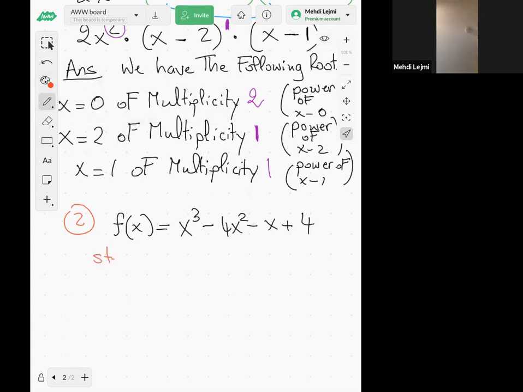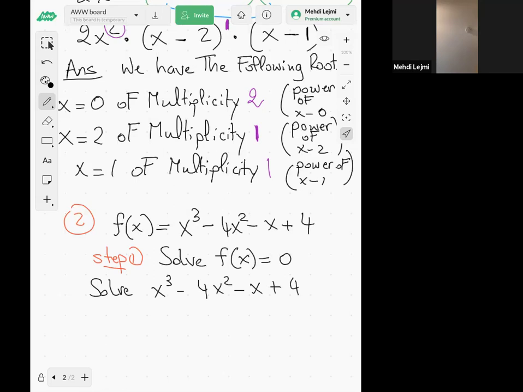I want to find the roots, so solve f of x equal to 0. We have to solve x cubed minus 4x squared minus x plus 4 equal to 0. The degree is 3, the highest power, so we expect 3 solutions.